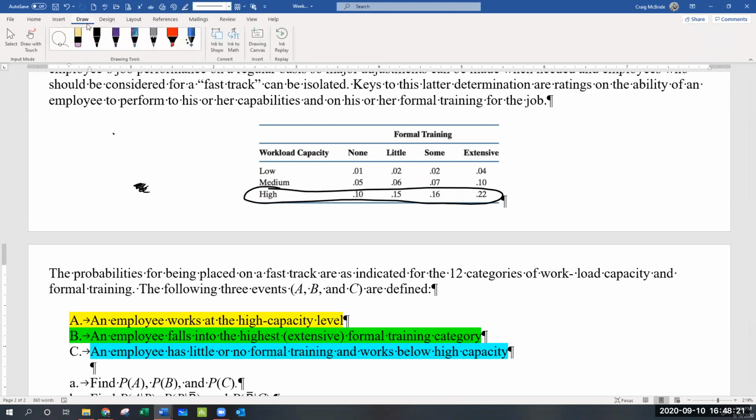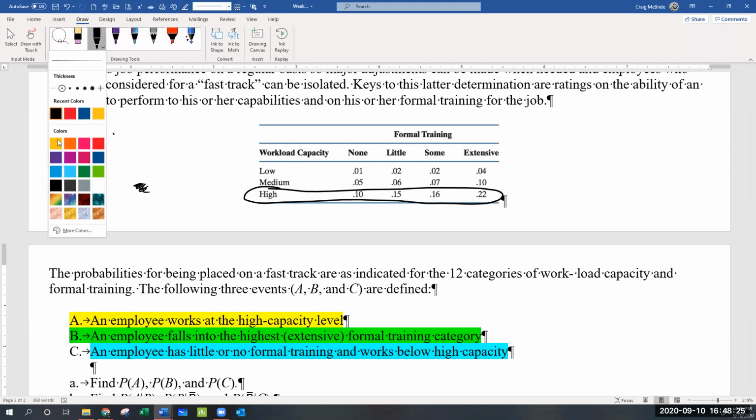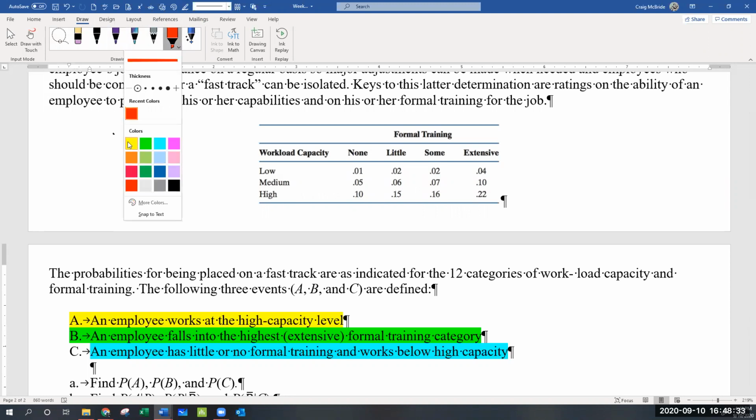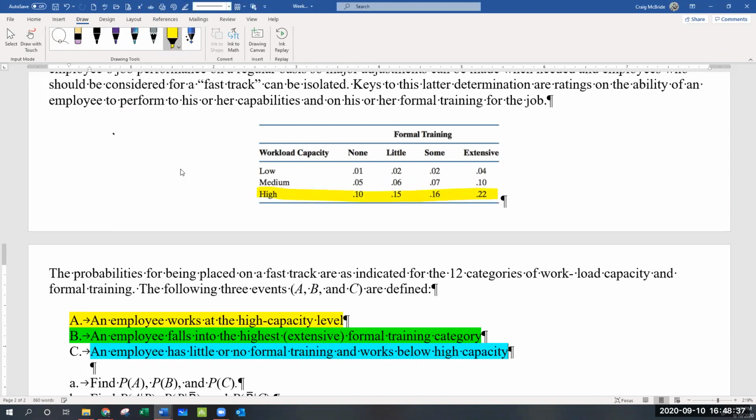Let's do highlighter and let's do yellow. Okay. And then an employee falls into the highest, extensive formal training category. So that's this last column, right? Not row, but column.